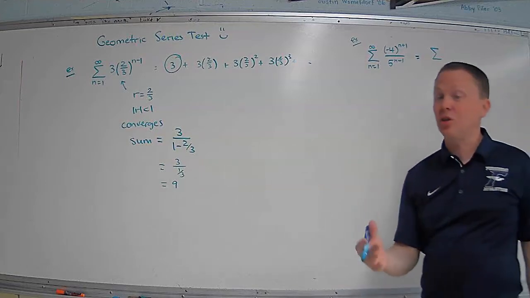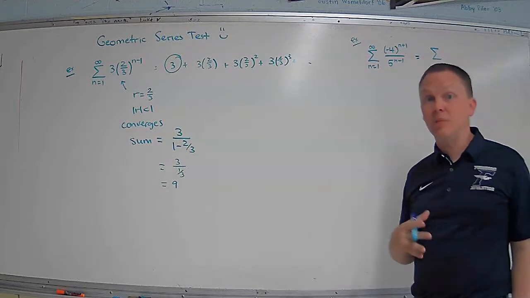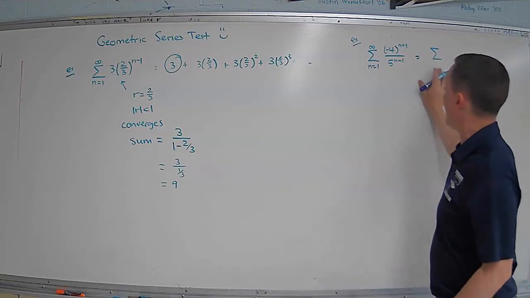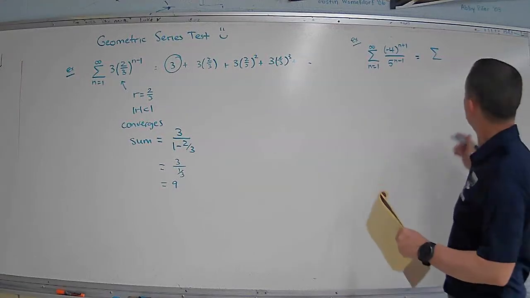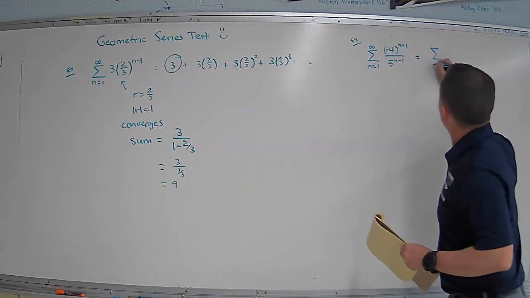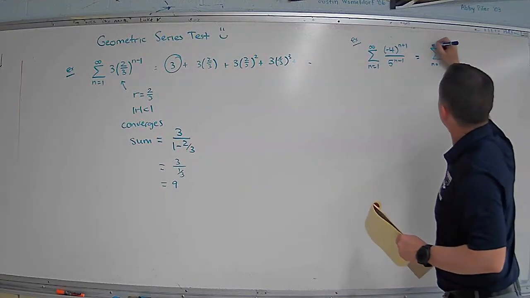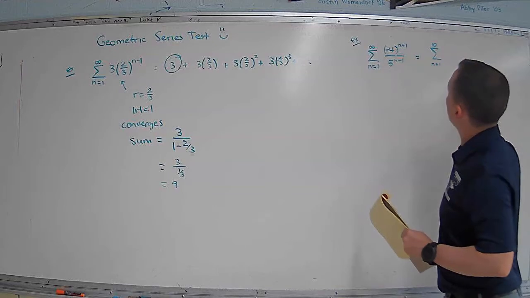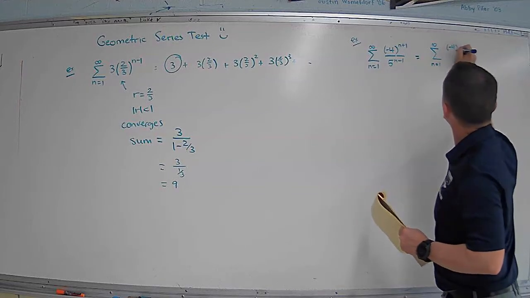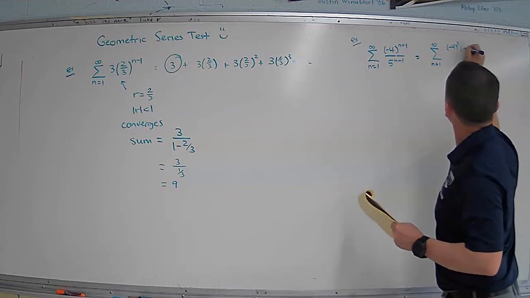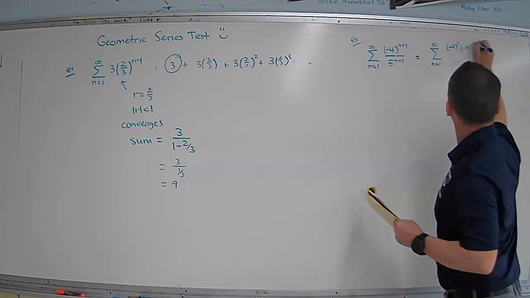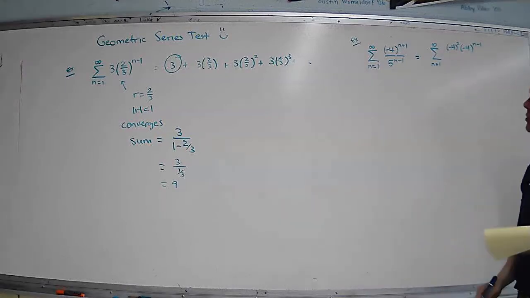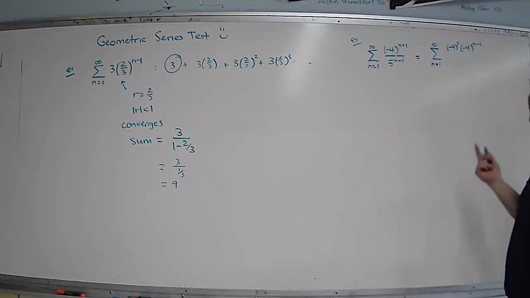Now, you might eventually get good enough to where you recognize that as geometric right away, and you don't even have to do this step, but it's a little early for that. So I'm going to do some algebra here, and I'm going to say this numerator is equivalent to (-4) squared times (-4)^(n-1). Now you might think, how'd you do that?